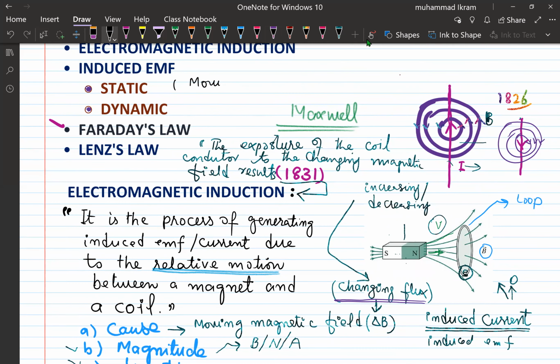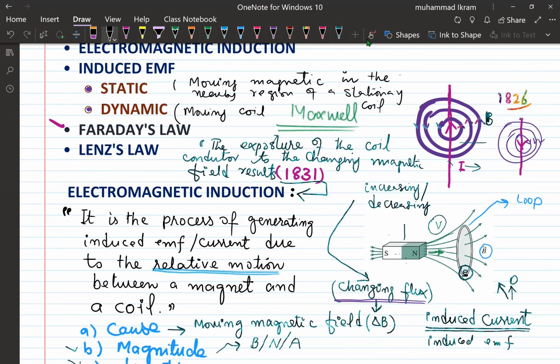This is caused by what? That is a moving magnet or a magnetic field in the nearby region of a stationary coil. In the nearby region of a stationary coil. Clear? And the dynamic induced EMF is a moving coil.